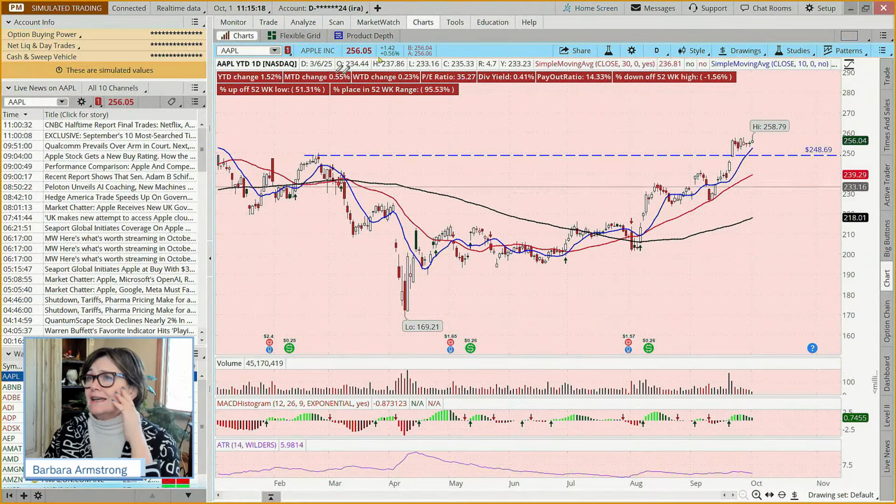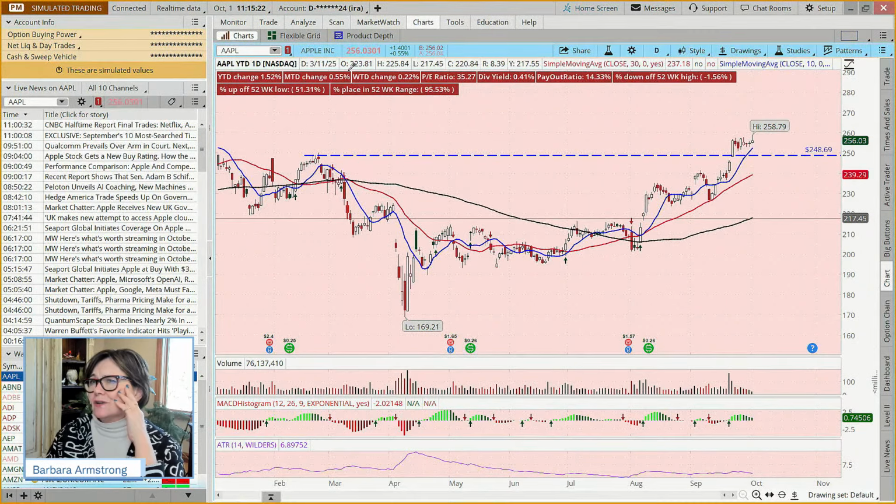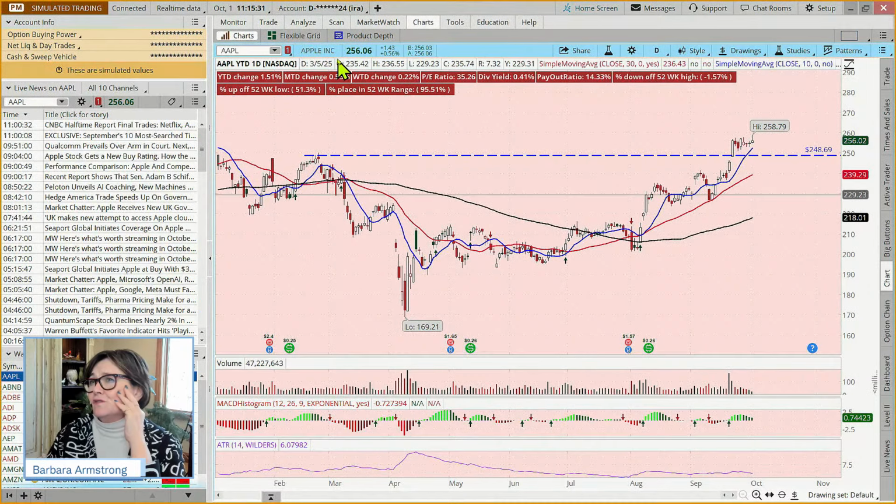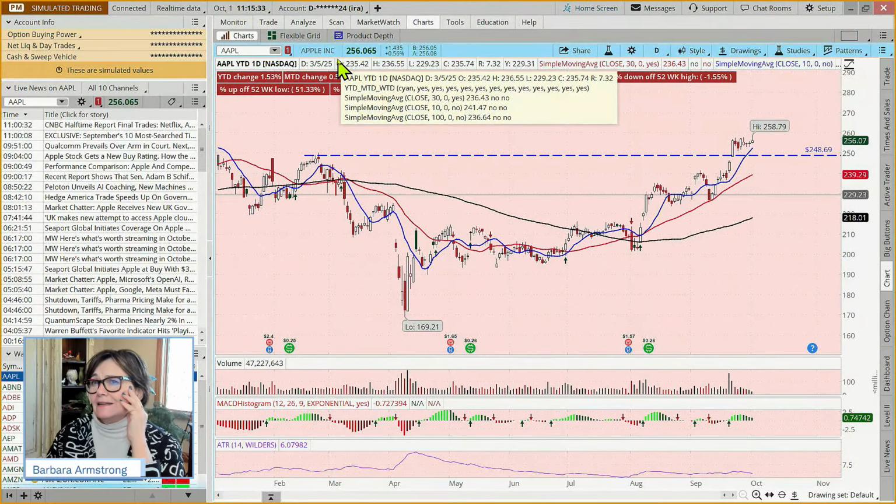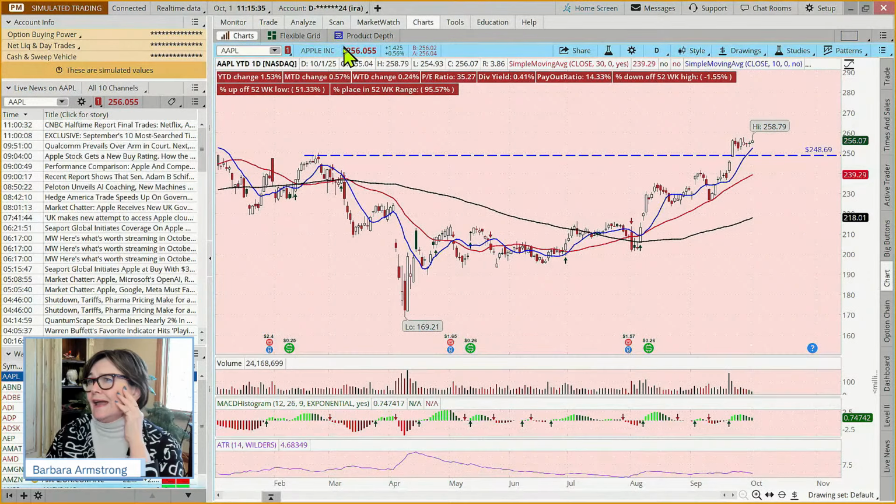But if I wanted to add this to my portfolio, how would I know how many shares to buy? Well, if we had a $500,000 account, we could say we're willing to put up to 5% of our portfolio in any one position. So that would be a $25,000 position.